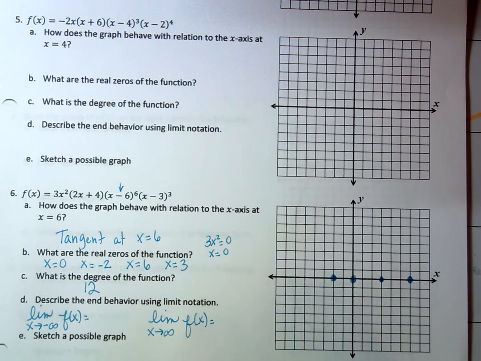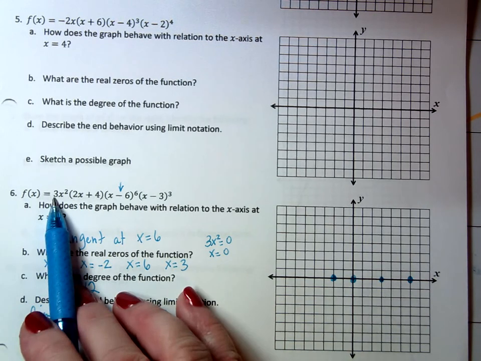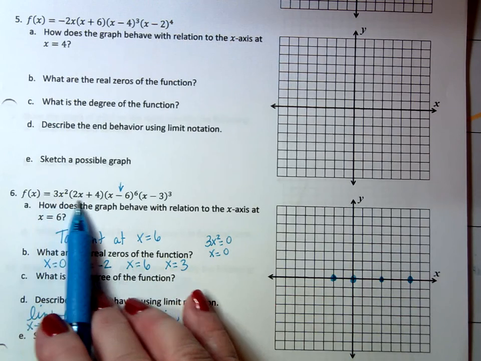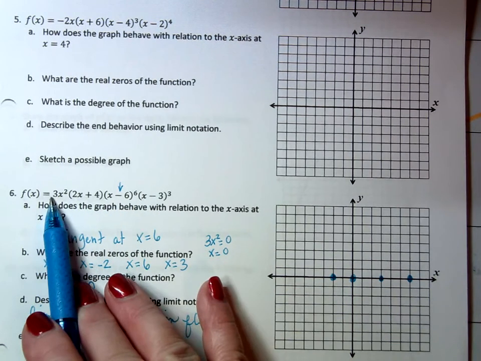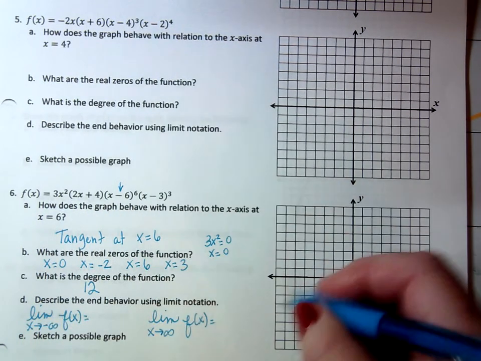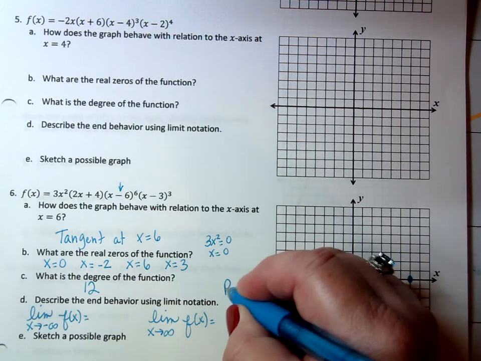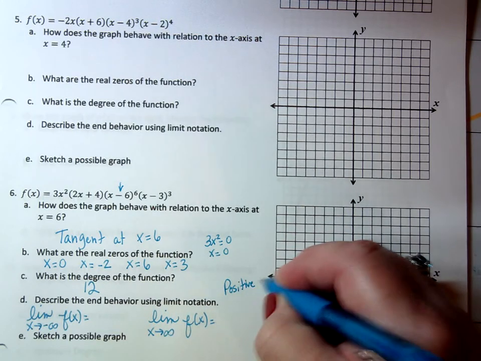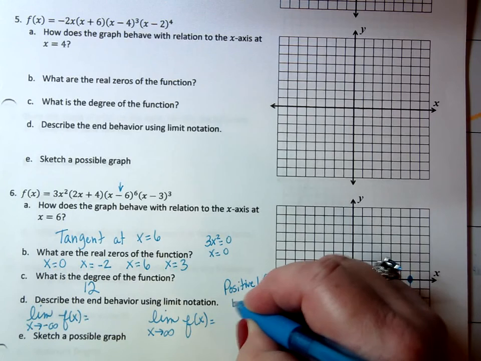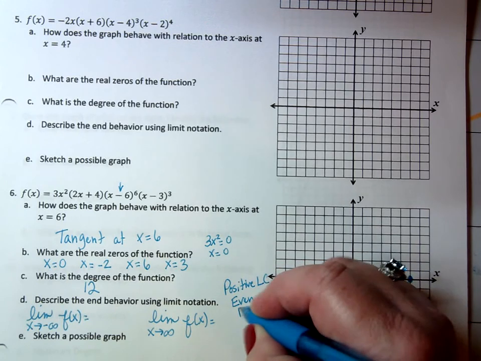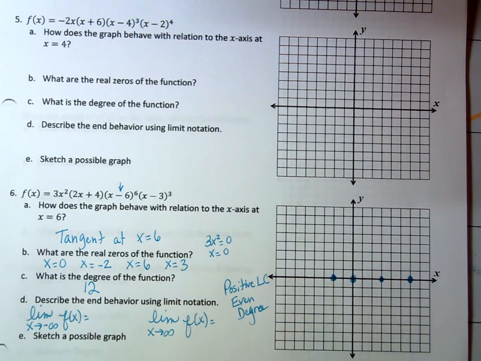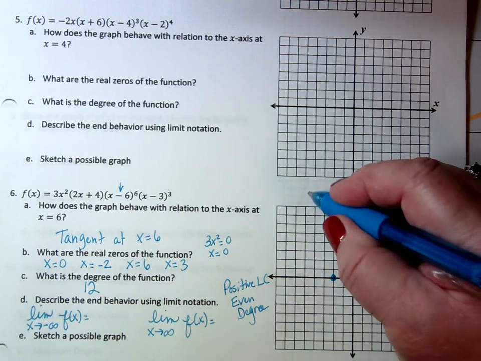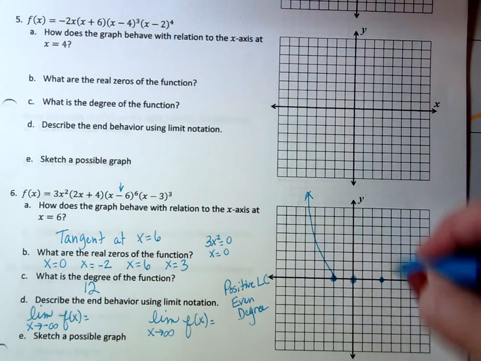Well, if I have a degree of 12, that's an even number, and I have a leading coefficient that's positive, there's nothing in here that's going to make that anything else, then I've got a positive leading coefficient and an even degree. If you go to the very beginning of the notes, that means it's going to positive infinity on the left and positive infinity on the right. So I got my end behaviors. There you go.